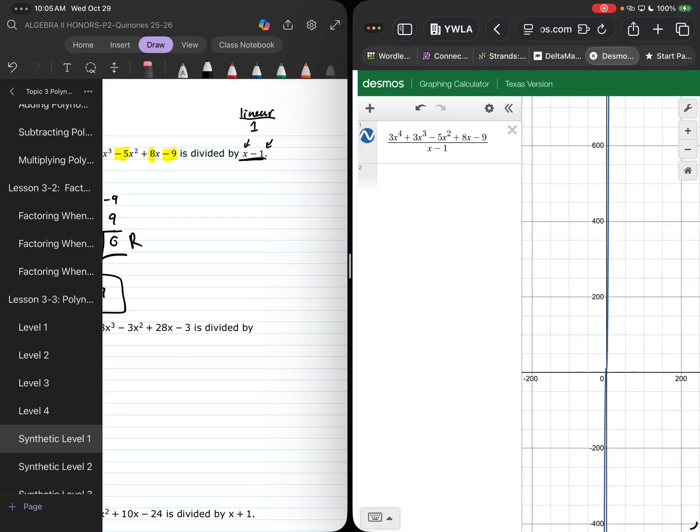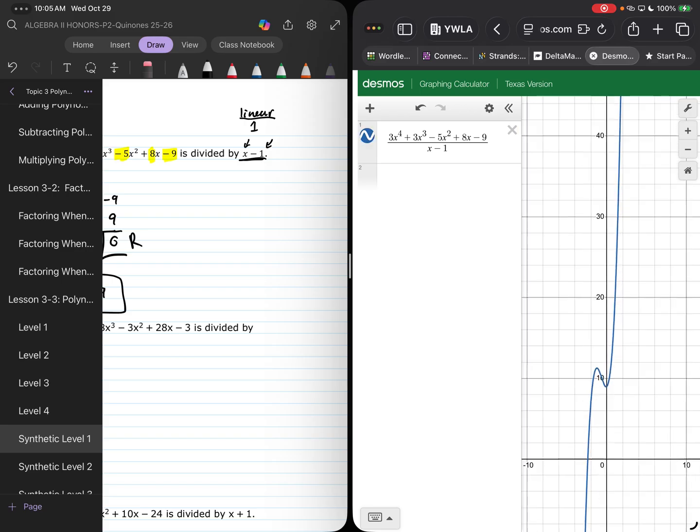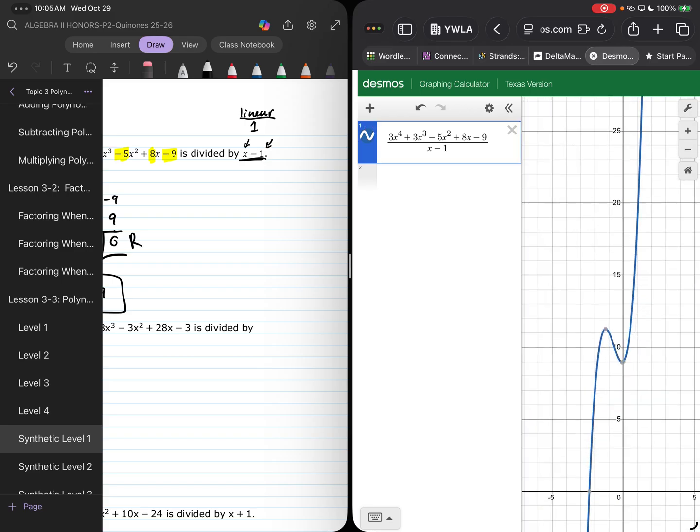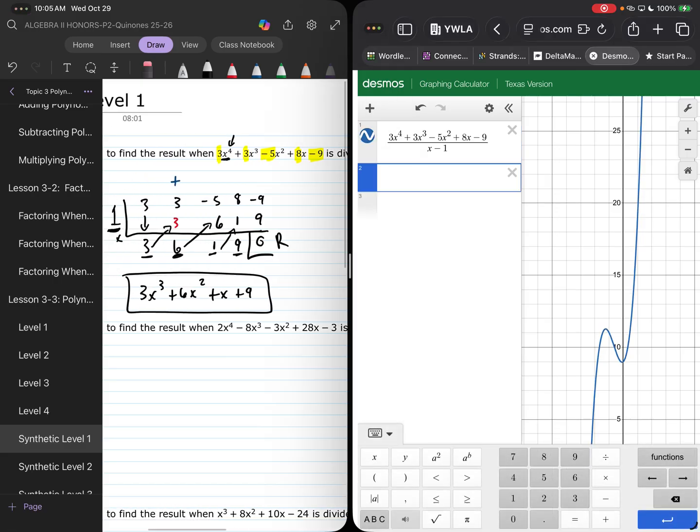So we get some polynomial that looks like this, right? Well, let's see if the answer that we provided matches that. We have 3x to the 3 power plus 6x squared plus x plus 9.